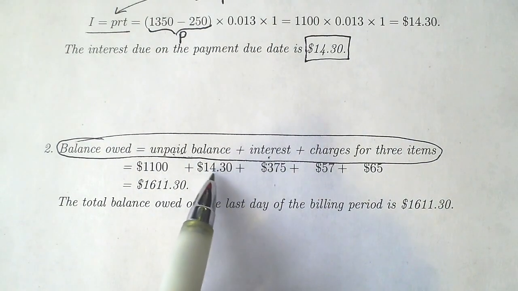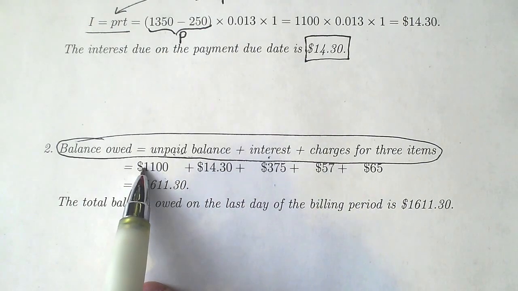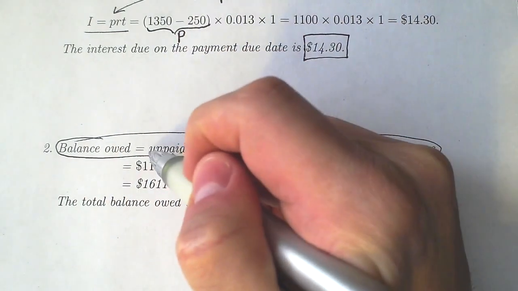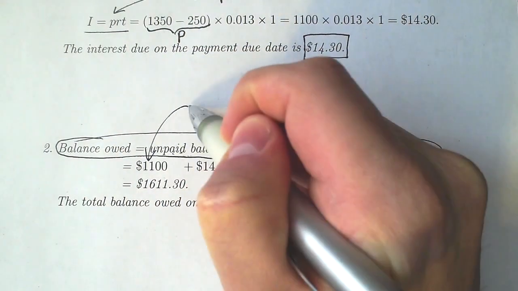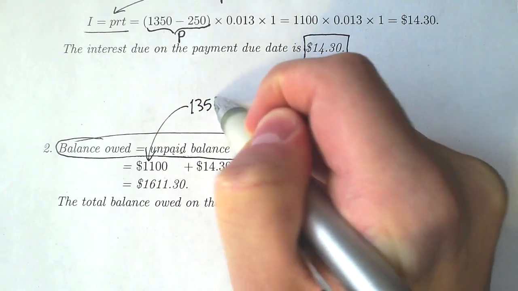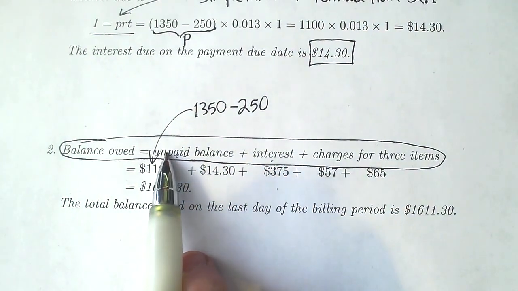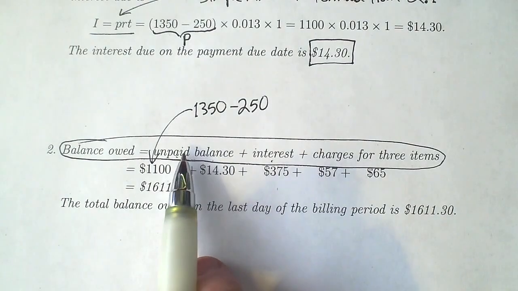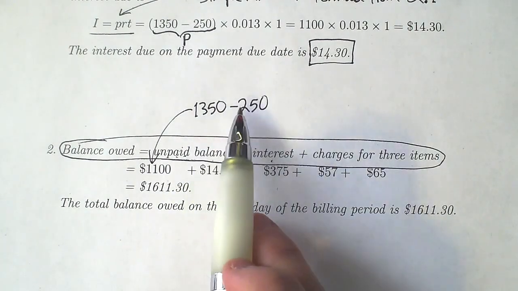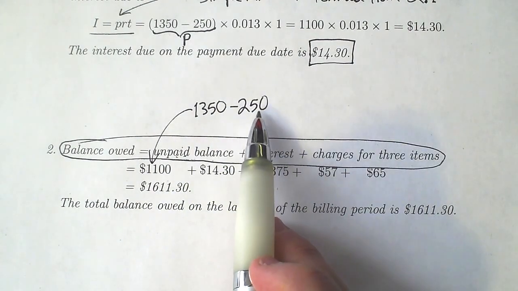There's the I that we found, the 1430. The 1100, I'll just point out, came from 1350 minus 250. So it says unpaid balance, right? The initial balance was 1350, and 250 of it was paid.